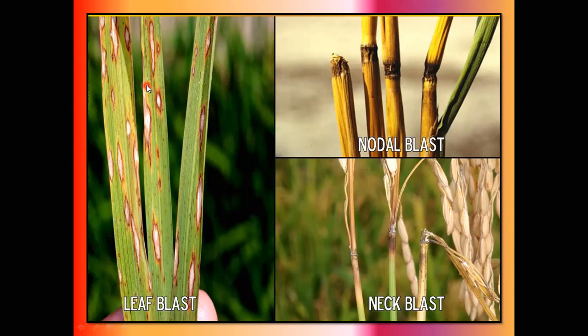Under favorable or moist conditions, these individual spindle shaped spots coalesce with each other and grow over the entire leaf surface. A major portion of the leaf shows a dry appearance, and the infected leaf dries and withers.